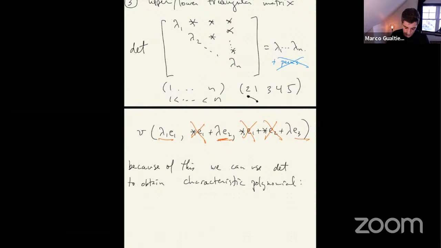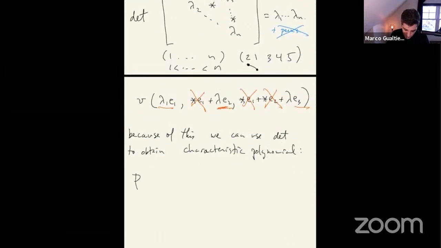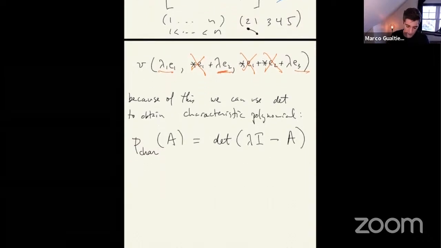The characteristic polynomial of a matrix is the determinant of lambda times the identity minus A. Some people define it in the other order, but this is pretty common to define it this way.